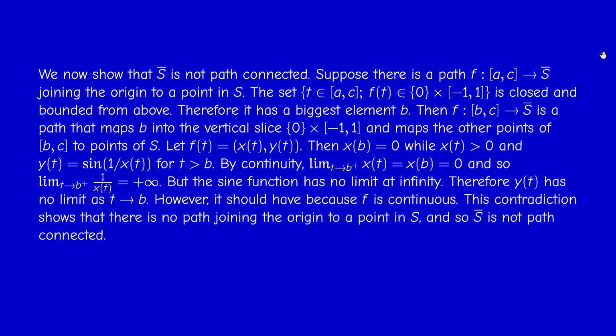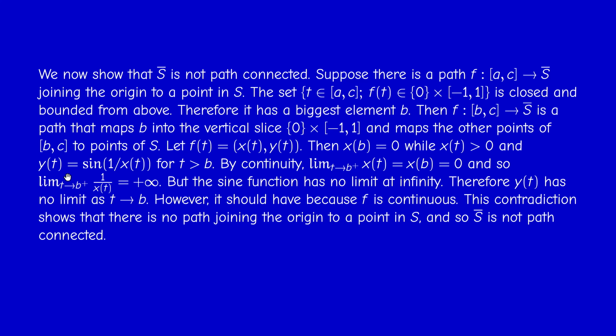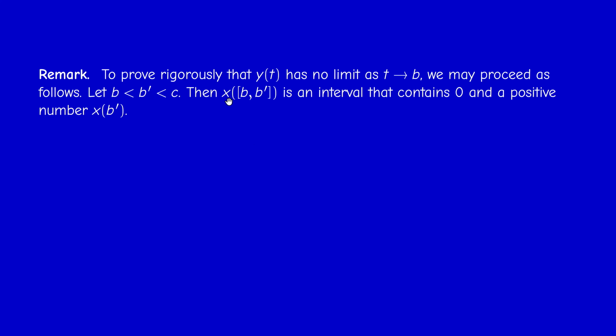Okay, now I hope that this is clear enough. But if you want to know, in a more precise way, why Y of t has no limit as t tends to B, you can reason as follows. Choose an element B prime between B and C. Consider the image under X, the first component of f, of the closed interval BB prime.